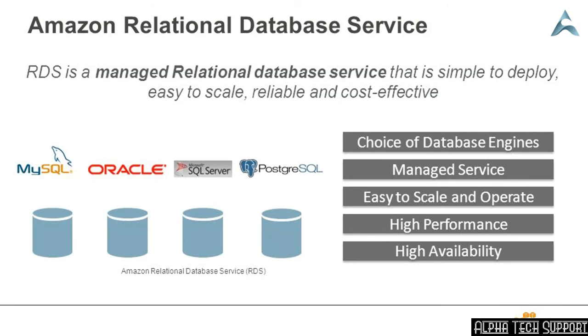Amazon Relational Database Service consists of multiple solutions where you have a choice of database engines, managed services, easy to scale and operate, high performance, and high availability.